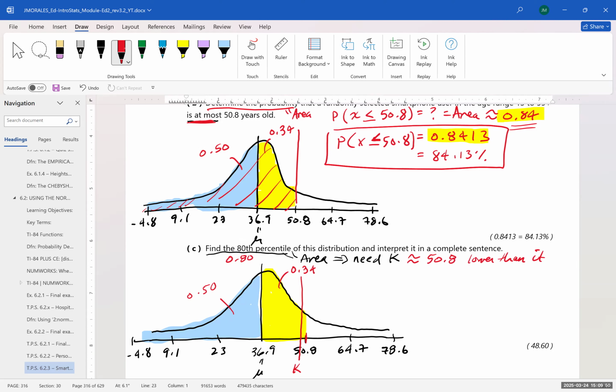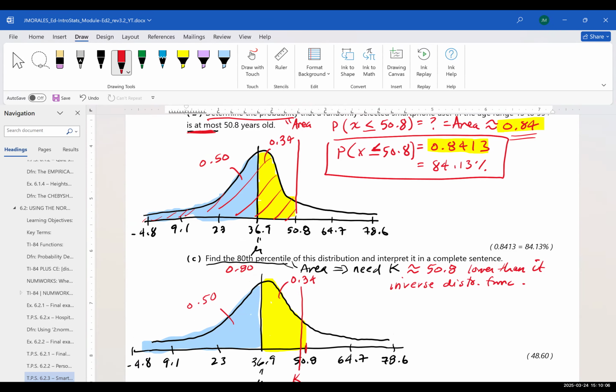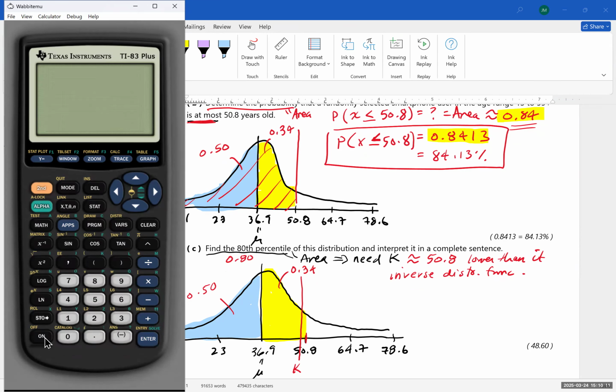All right, so we're starting with an area. This means we need to use an inverse distribution function. Using our calculator, let me use the TI-83 this time, with my program. We're going to use inverse n. The area that we want is 0.8.